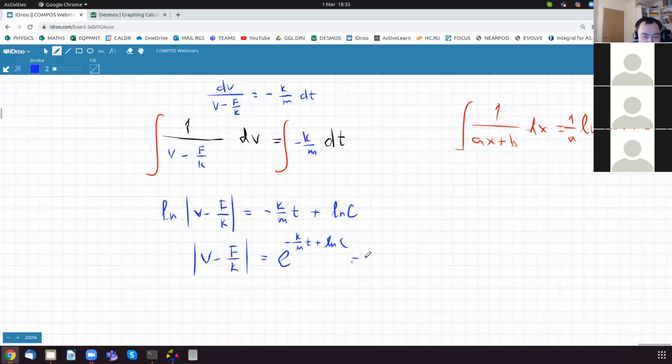And I can rewrite this as e to the power minus k over m t multiplied by e to the power logarithm c. And I know that this is c. So it's going to be c multiplied by e to the power minus k over m t.